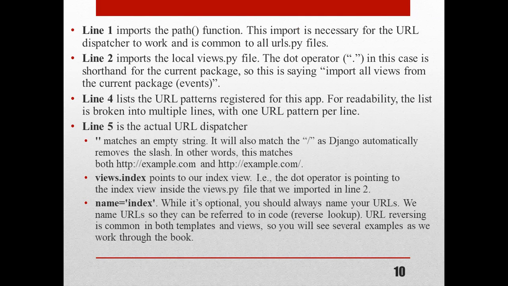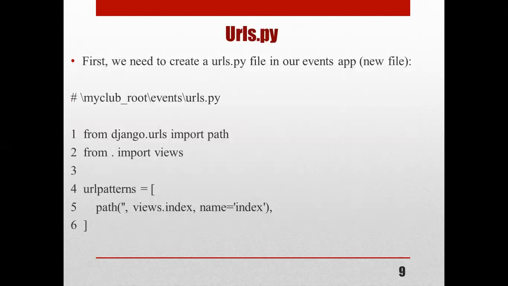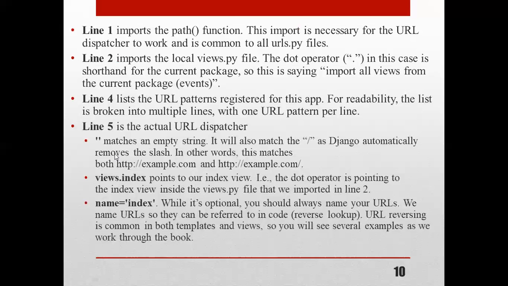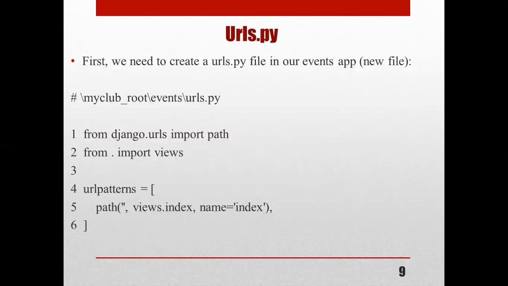The dot operator in this case is a shorthand for the current package. So this is saying import all views from the current package, and the current package is events.